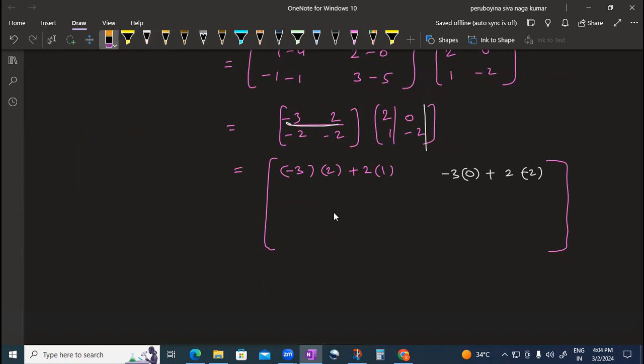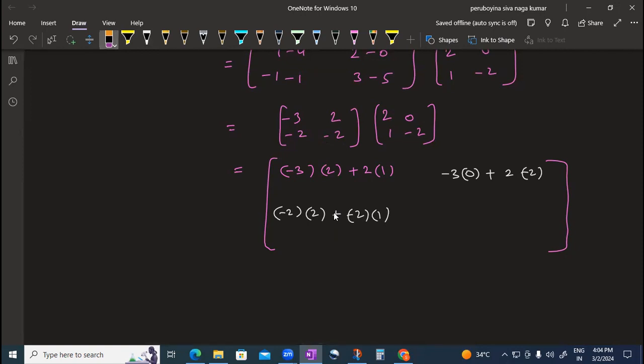After completing this, again second row and first column: -2 into 2 plus -2 into 1. Completed.